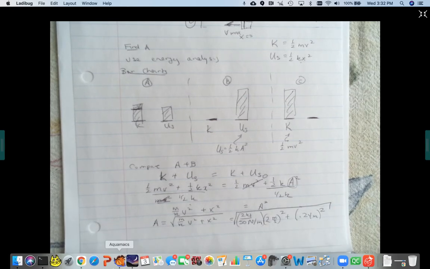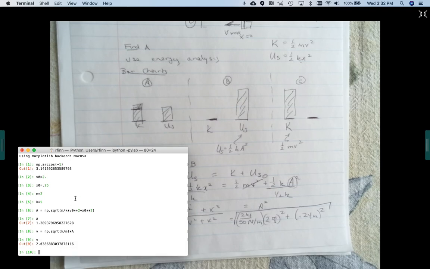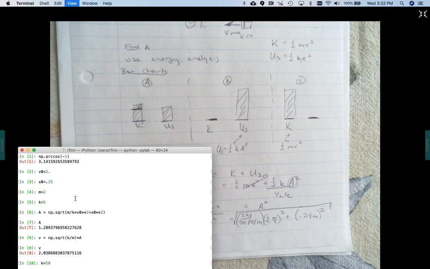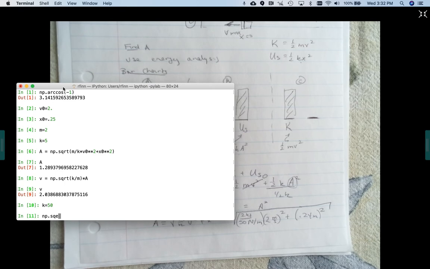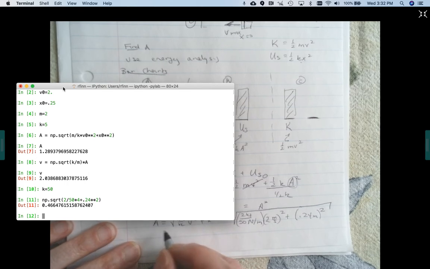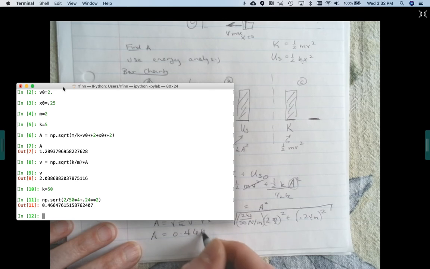Okay, so we take the square root of 2 divided by 50 times 2 squared is 4 plus 0.24 squared. So we get an amplitude of 0.47 or 0.466 meters.